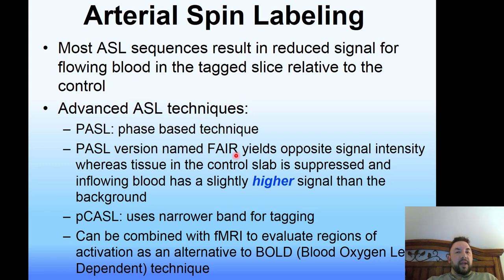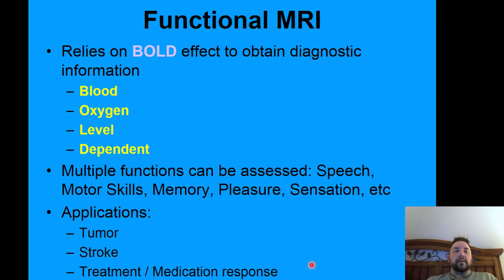The PASL version named FAIR yields opposite signal intensity, whereas tissue in the control is suppressed, and inflowing blood has a higher signal than the background. PCASL uses a narrower band for tagging. We can combine this with functional MRI to evaluate regions of activation as an alternative to the BOLD technique, which stands for blood oxygen level dependent.